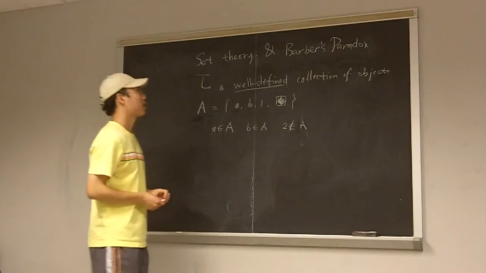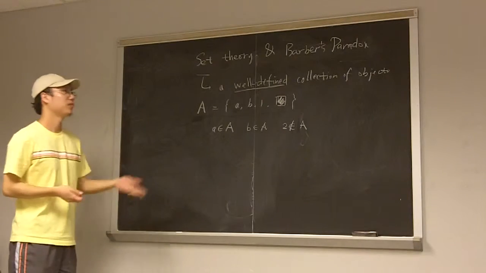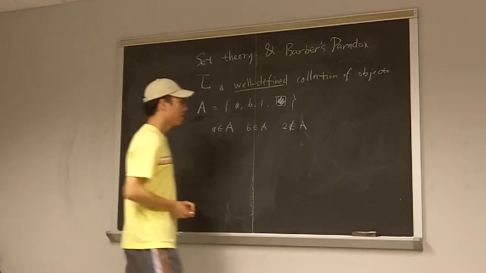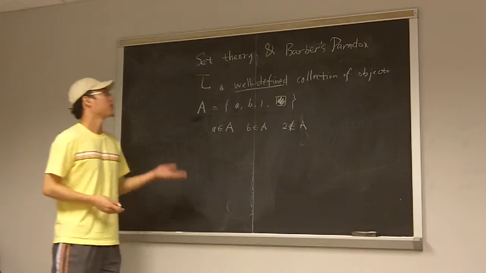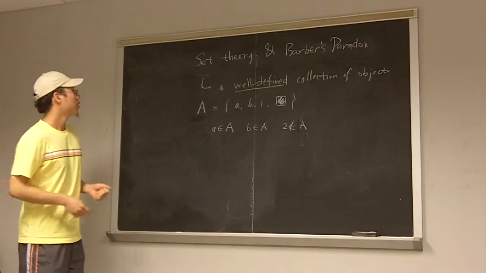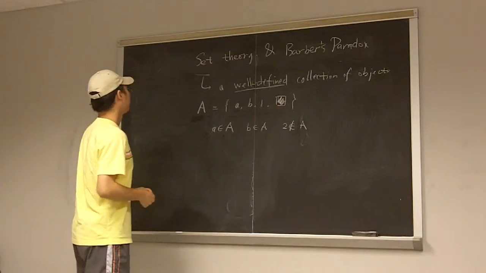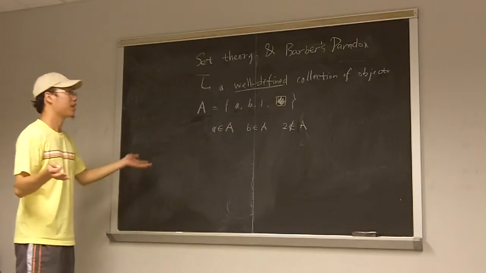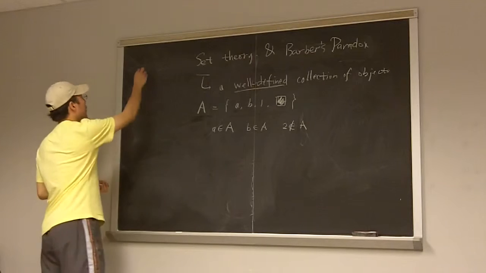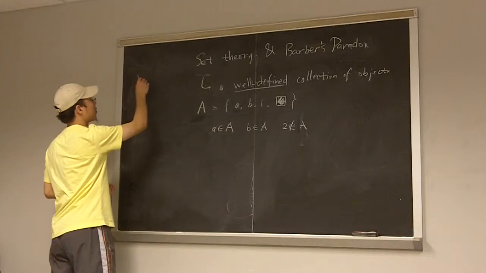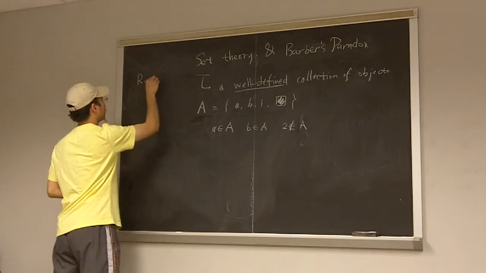Okay, so let's come to the second part of today's lesson, Barber's paradox. The Barber's paradox is about set theory. It's actually a version of a more generalized paradox found by a British logician and mathematician, Russell.